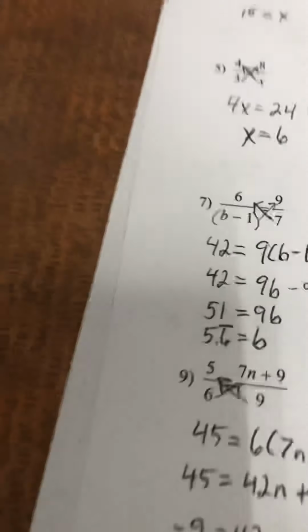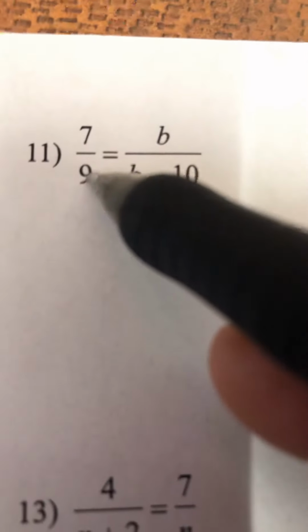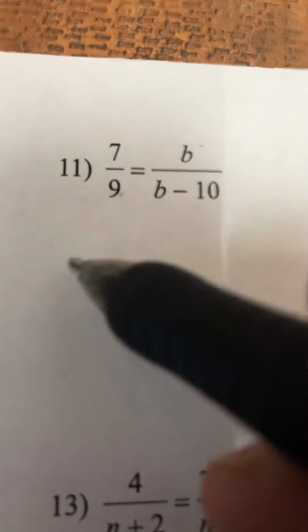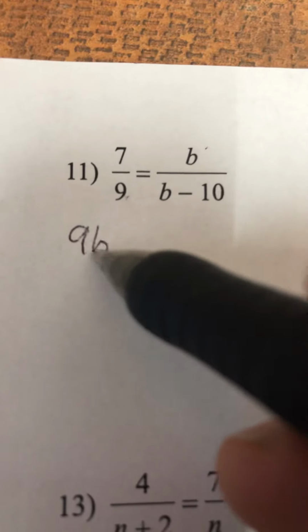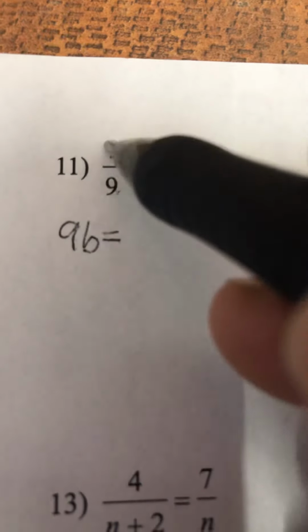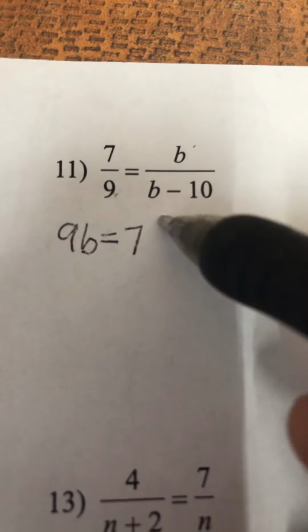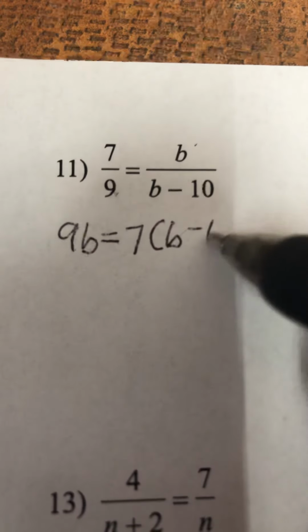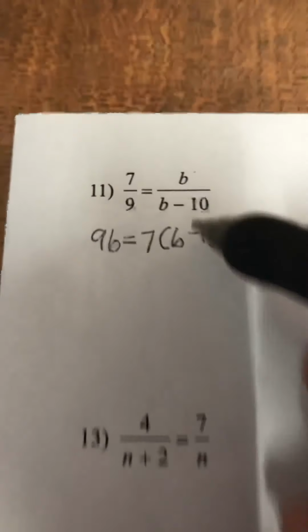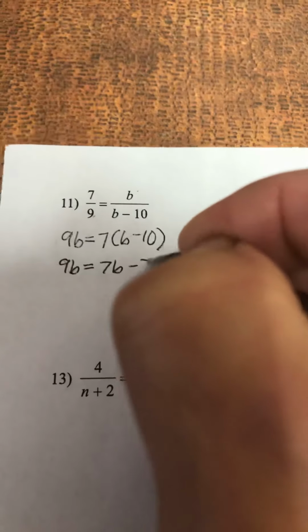Okay, moving on. Number 11. So here I have 9 times b, which is going to look like 9b. And then I have 7 times this quantity, so 7 times b minus 10. So this becomes 9b, and this becomes 7b minus 70.